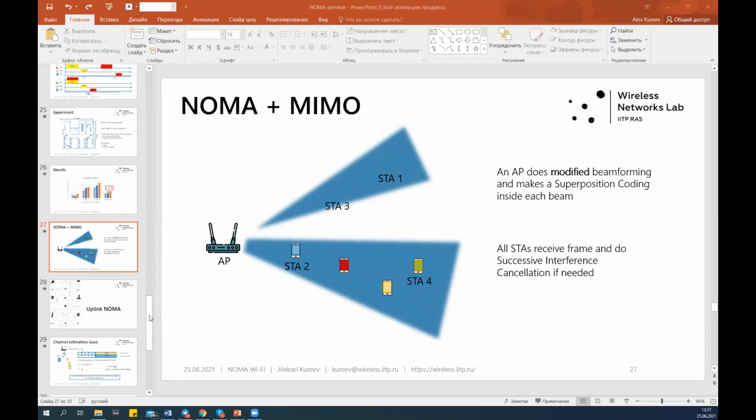Actually, NOMA is a part of the standard of cellular technologies, and uplink NOMA in 5G is used, and our colleagues from our lab are already studying this topic. As far as I know, there is downlink NOMA in cellular networks too.